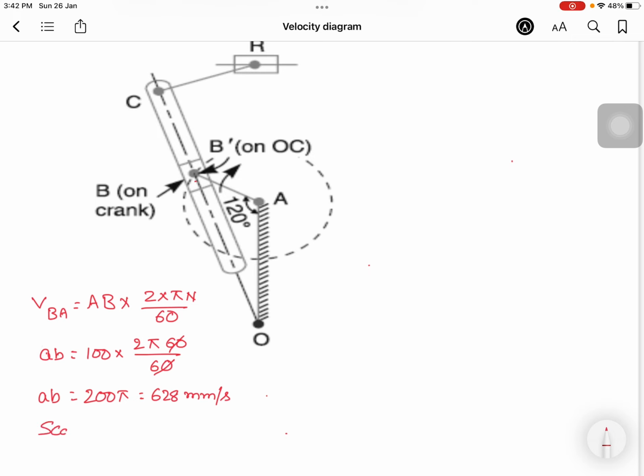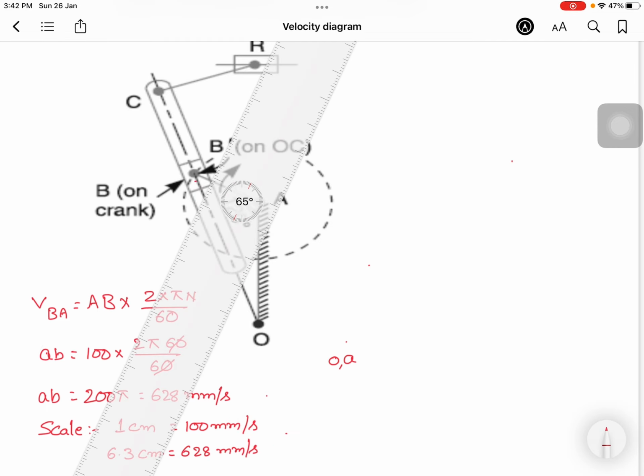Now I will take the scale as 1 centimeter represents 100 mm per second. So 628 mm per second represents approximately 6.3 centimeters. Now we can draw the velocity diagram. I will start with point O, A. Here O, A is the fixed support.